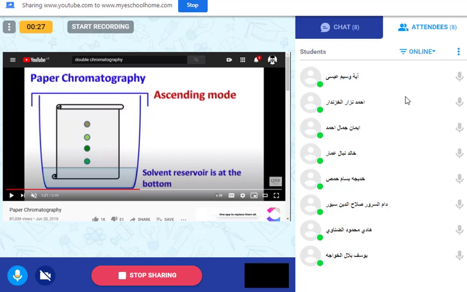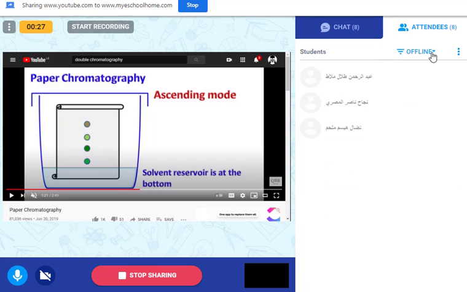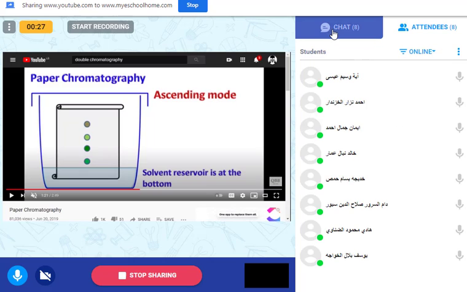And others, do you agree with them? She said the brown. Others, do you think the brown is the smallest one? And why do you think this?